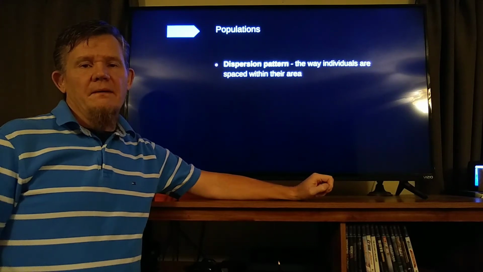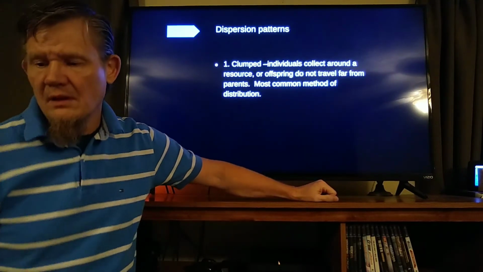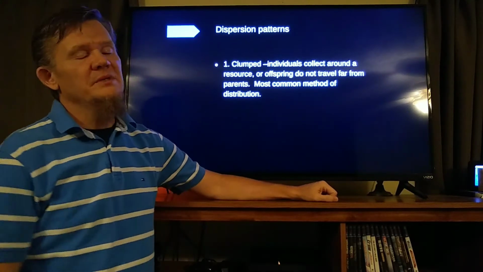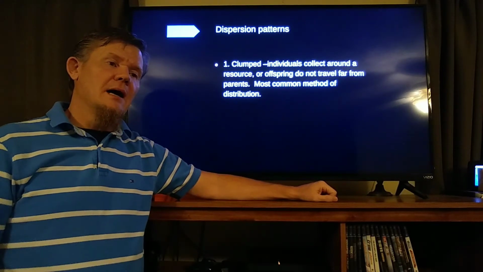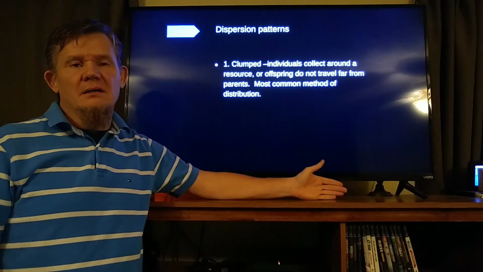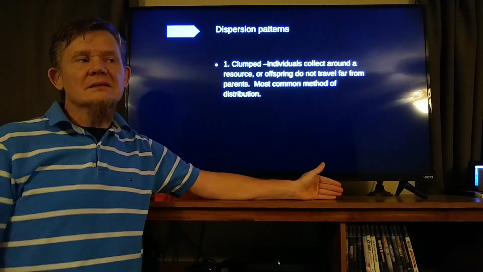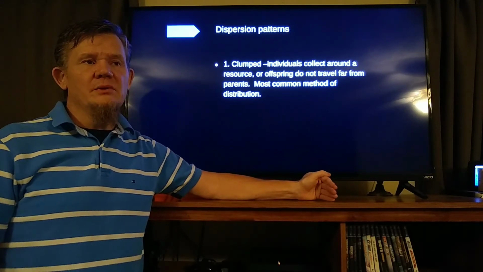There are three dispersion patterns. The first one is clumped, and clumped is by far the most common dispersion pattern that we're going to see. They're going to be clumped around a resource, and it depends on what the limited resource in the area is. It could be suitable nesting sites.